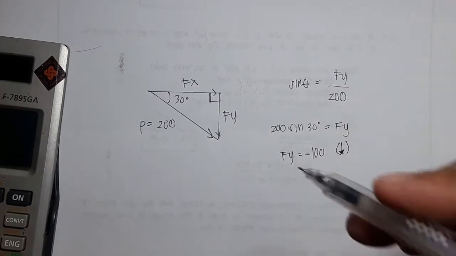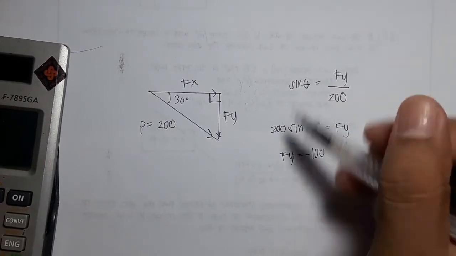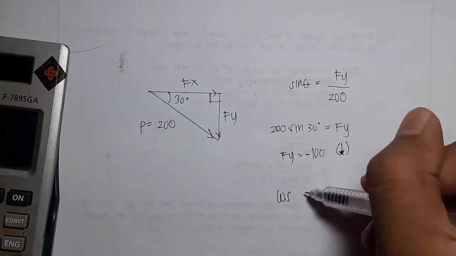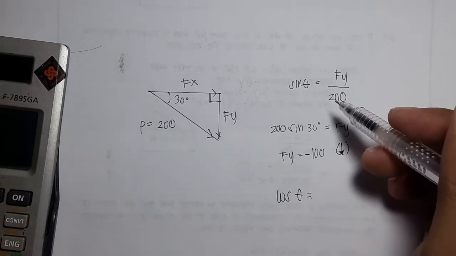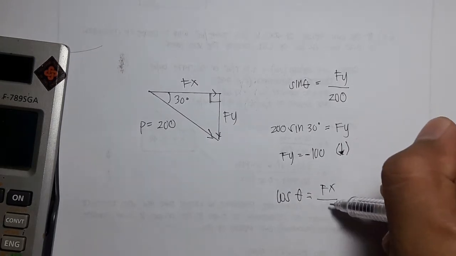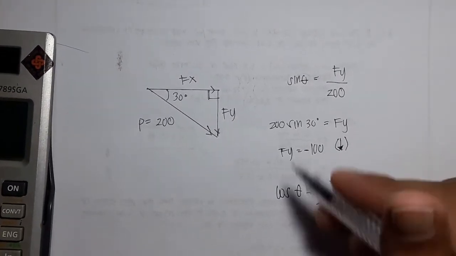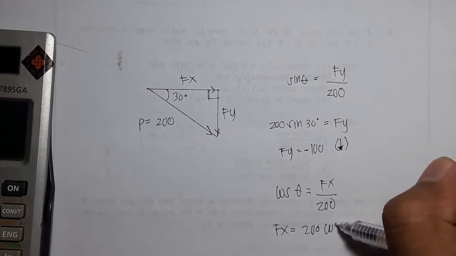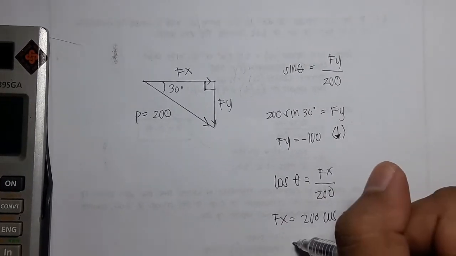So for Fx, we could use cosine theta equals adjacent over hypotenuse. So transposing, it will give us 200 cosine of 30.